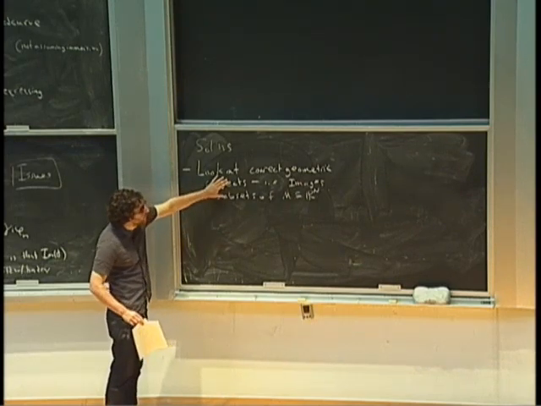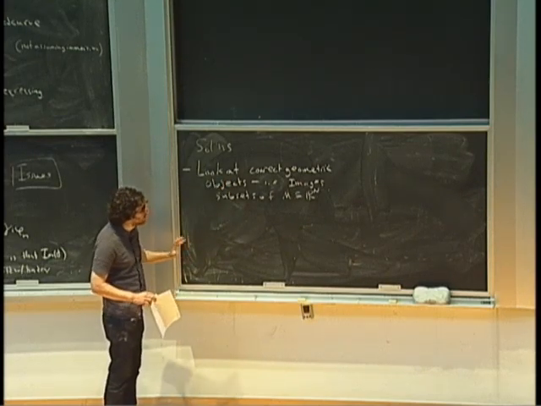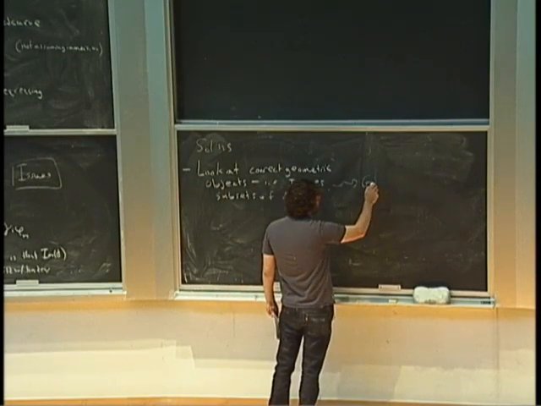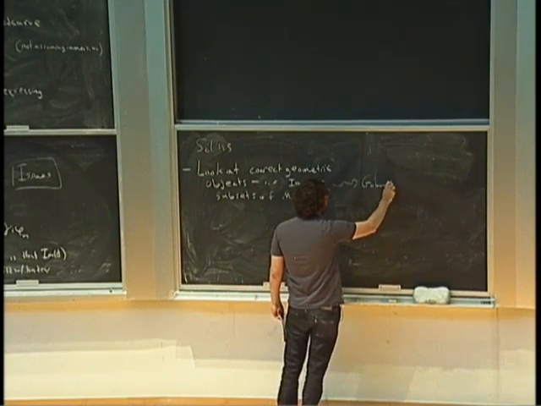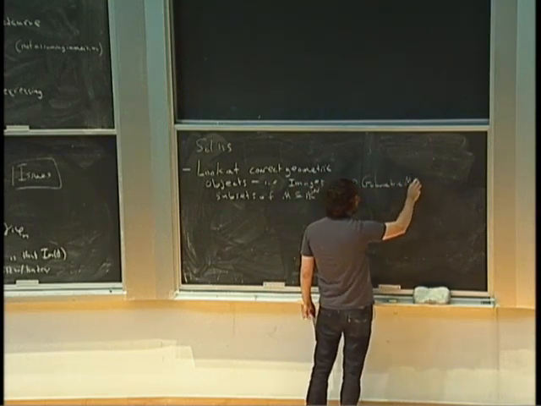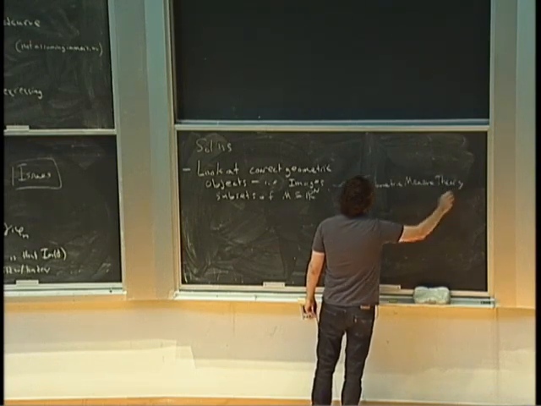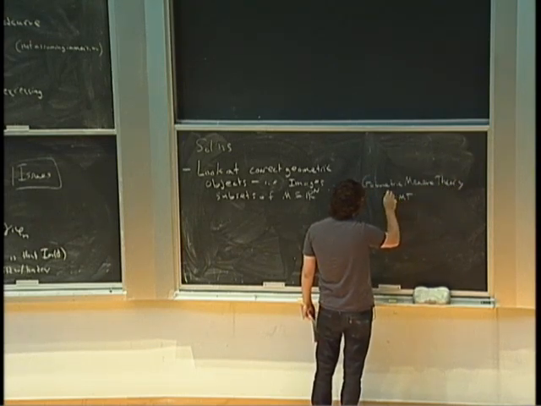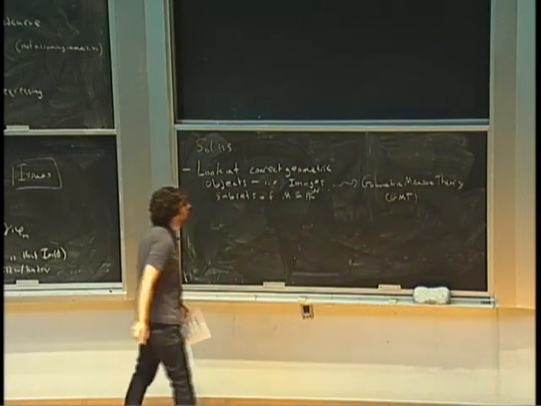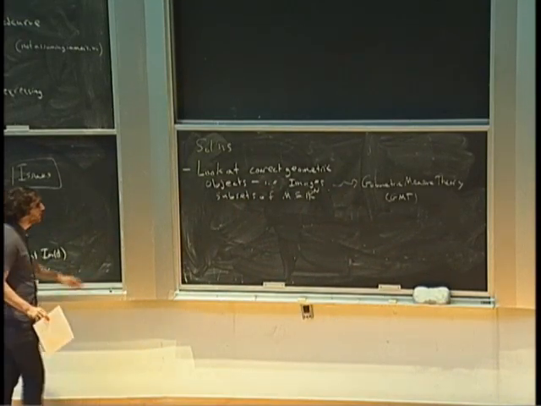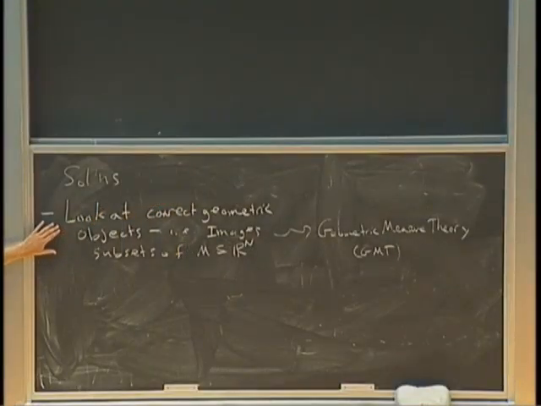This is a very powerful perspective, just very technically demanding, and it leads to geometric measure theory. We're not going to talk about that because it's quite demanding, but once you work through the technicalities, it clarifies a lot of things.